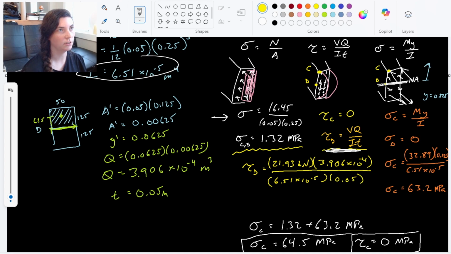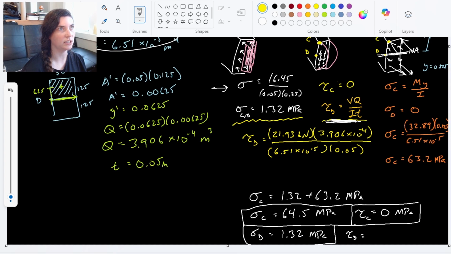All right, so we got all those numbers. We punch that in our calculator to get a shear stress value of 2.63 megapascals. And I guess that's the end of this example because this dog is in my face. 2.63 megapascals for shear stress at D.